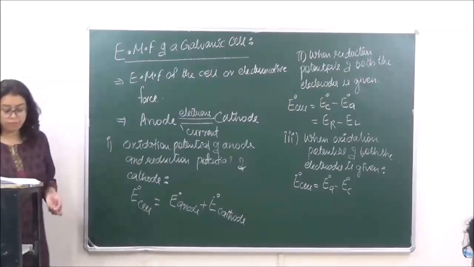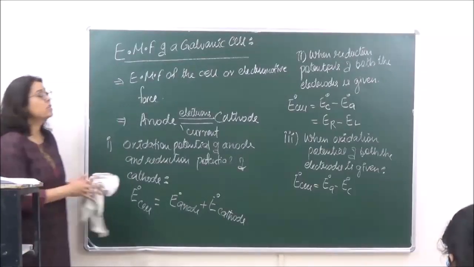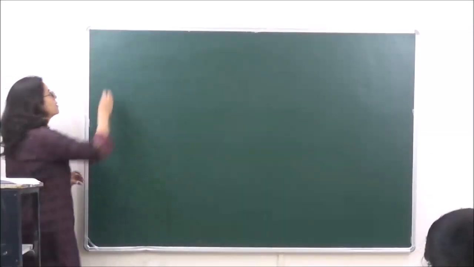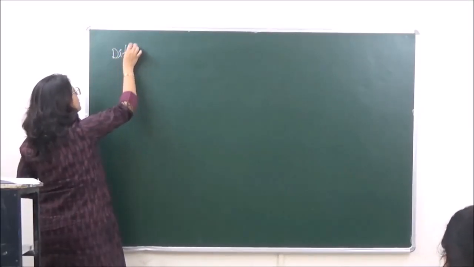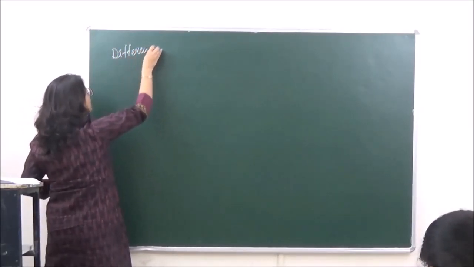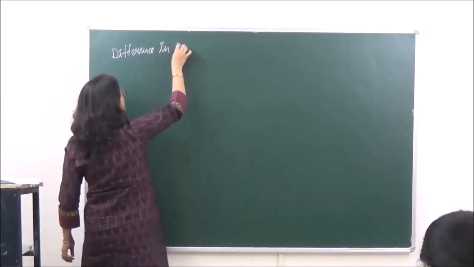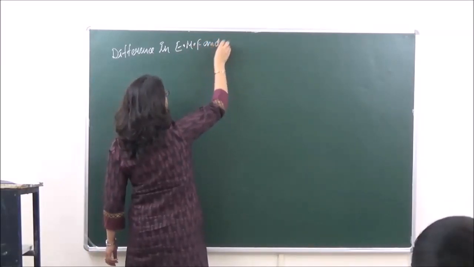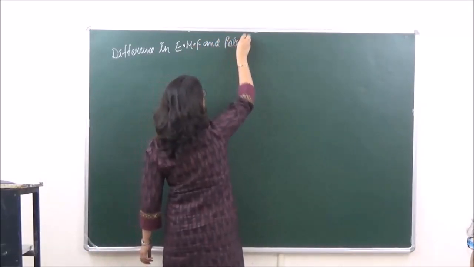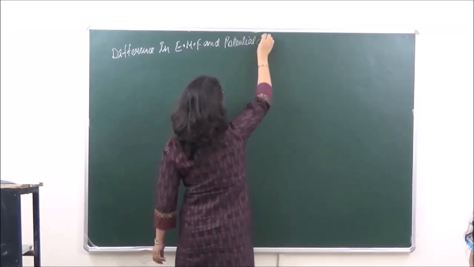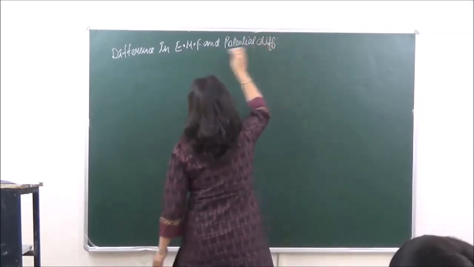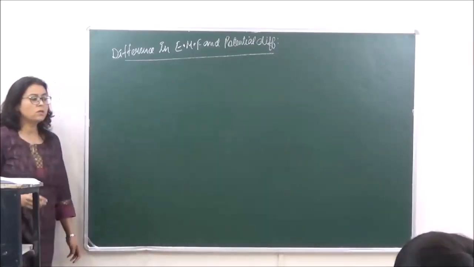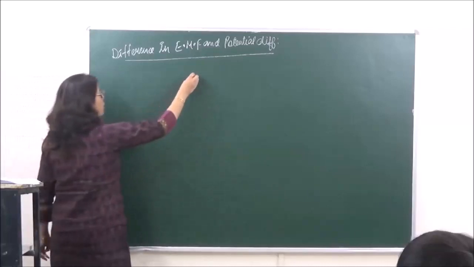So let's see what is the difference between EMF of a cell and potential difference of a cell. We are going to do it in a tabular form.